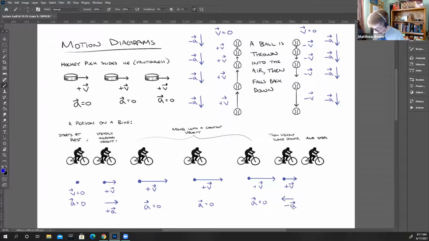Now we can see when the two are opposing, that's when the direction will change or gradually start to change. When they're the same, that's when the velocity will increase. Then over here, I think we got it. Velocity is 0. Acceleration is 0.